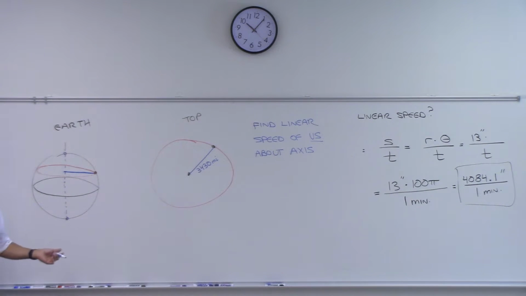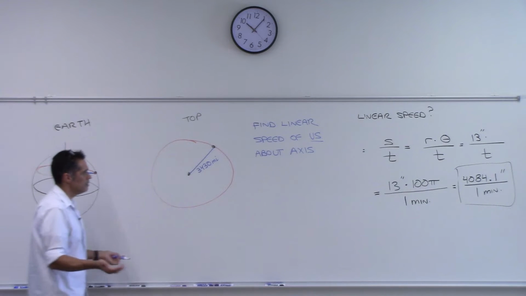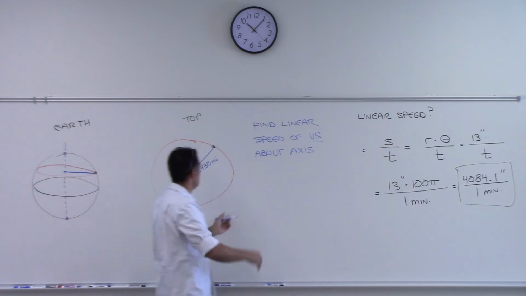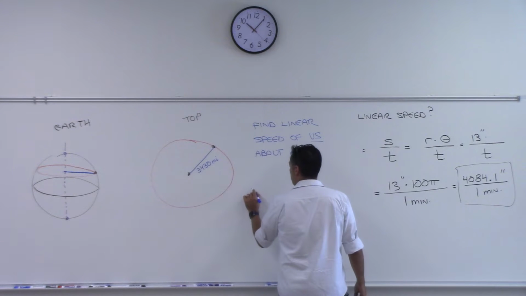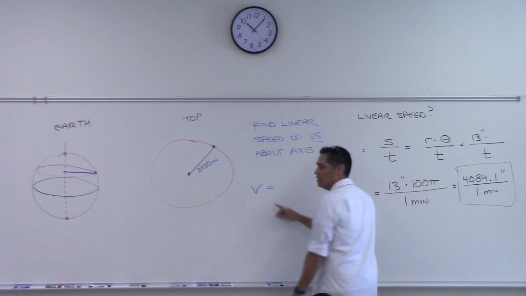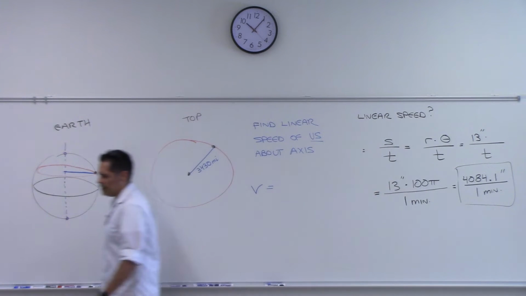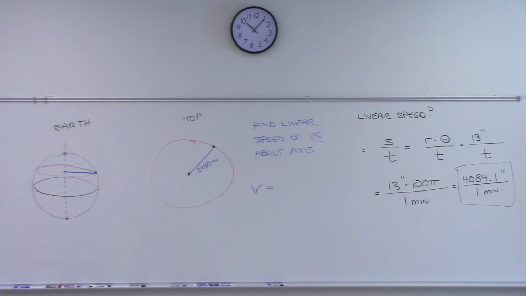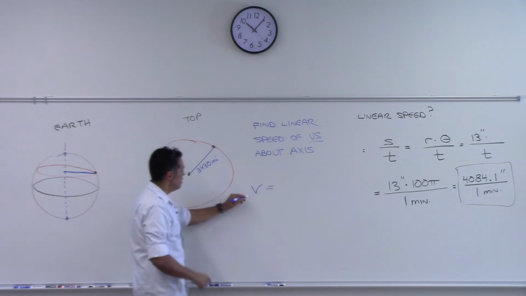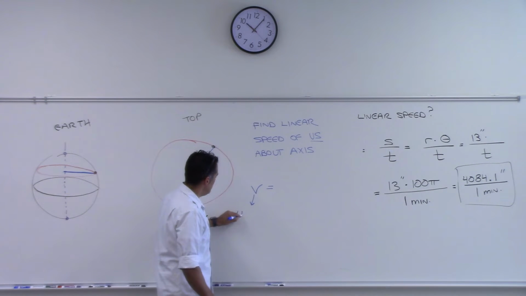So what's the formula? The one we've been using, right? Linear speed. Now the book calls linear speed v. I believe they do call it v for velocity. Yes, they call it v. So in the book, this is linear speed.